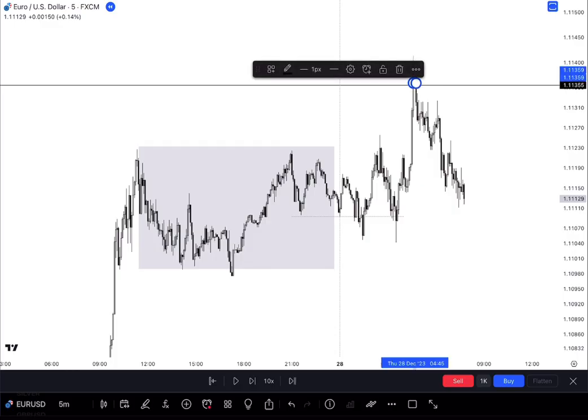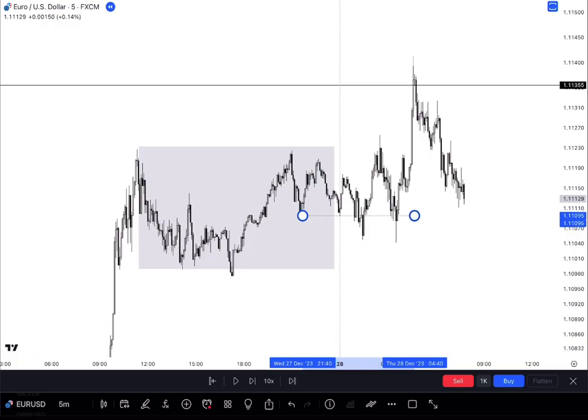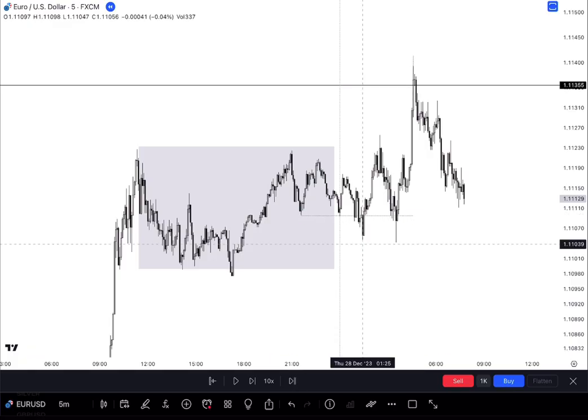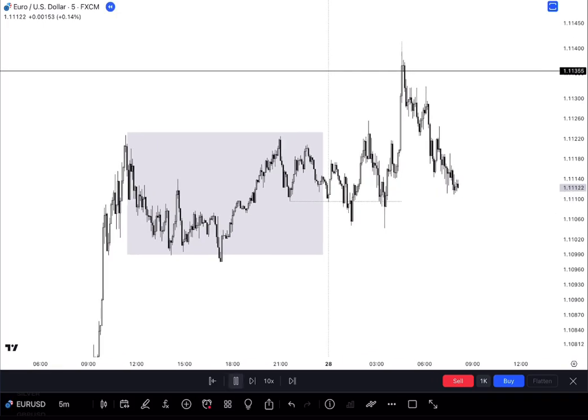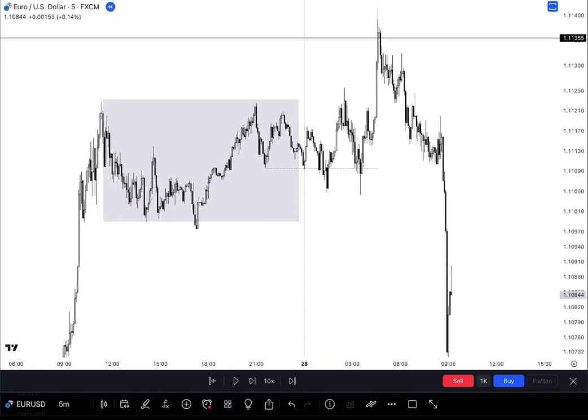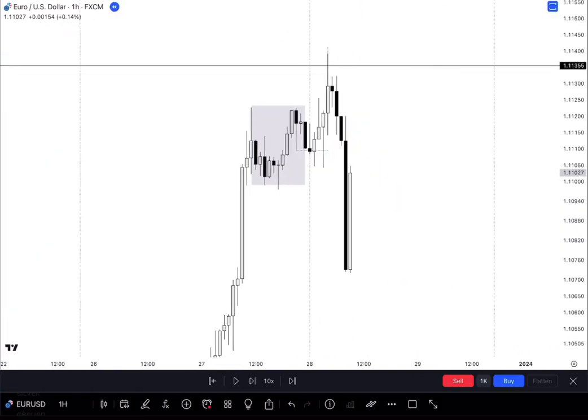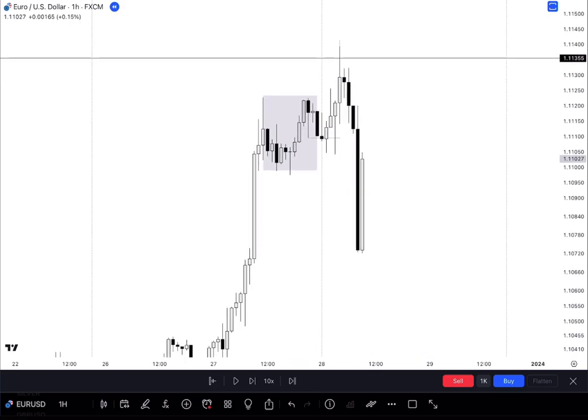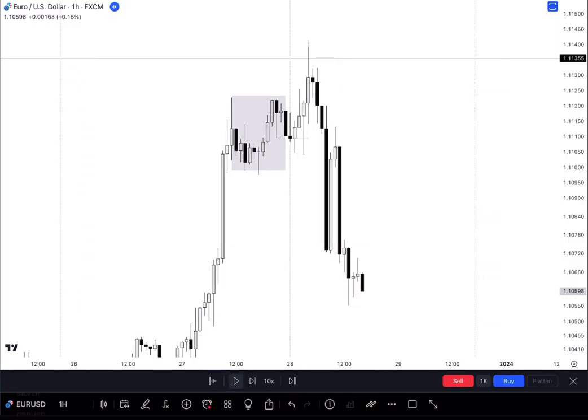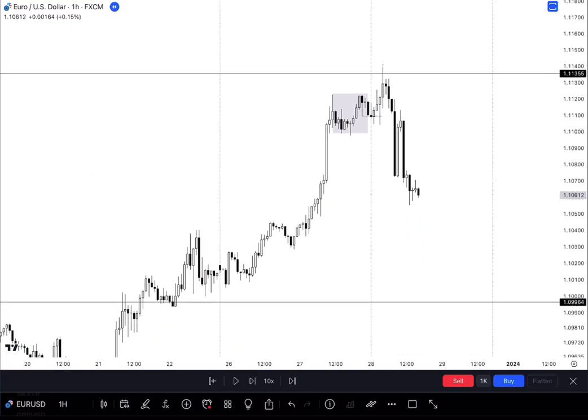This is a system. Now, with of course a good old kiss of that turtle soup down here. And of course, as expected, London creates the high of the day. That was my entry up here, as you saw. And New York gives the OTE of the day, and that was the high of the week.